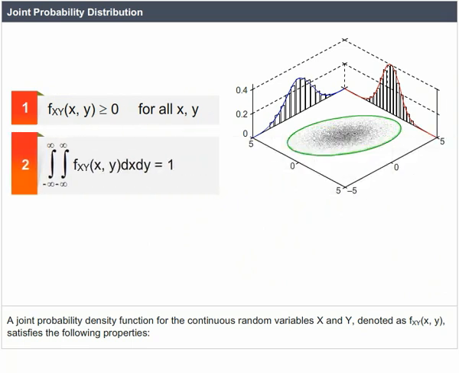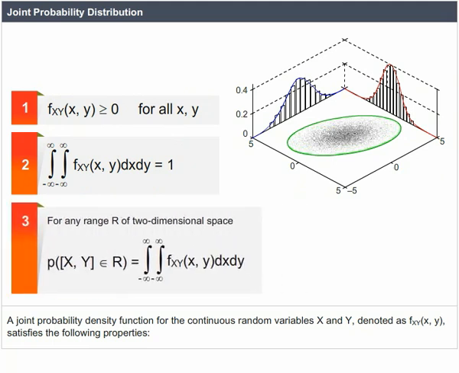Number 2: the integral from minus infinity to infinity, again the integral from minus infinity to infinity, of f(x, y) dx dy is equal to 1. Number 3: for any range R of the two-dimensional sample space, the probability that (X, Y) belongs to R is equal to the double integral over R of f(x, y) dx dy.